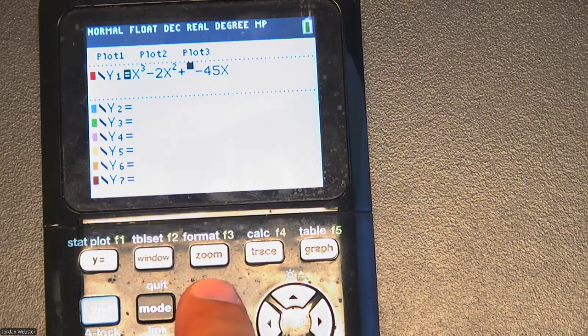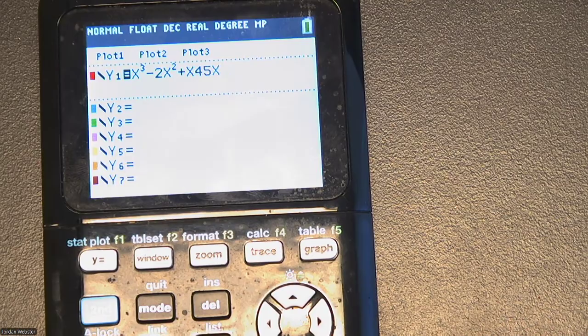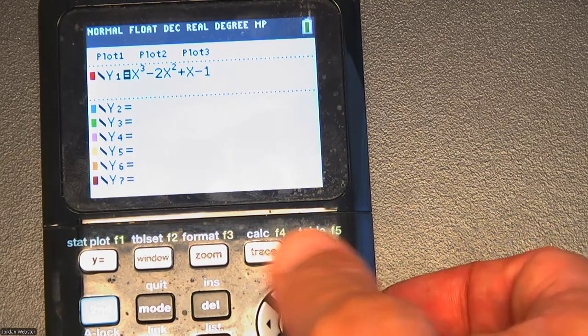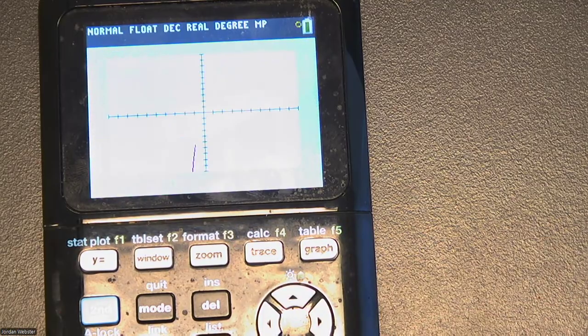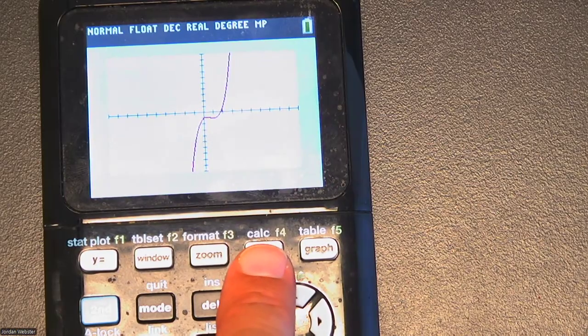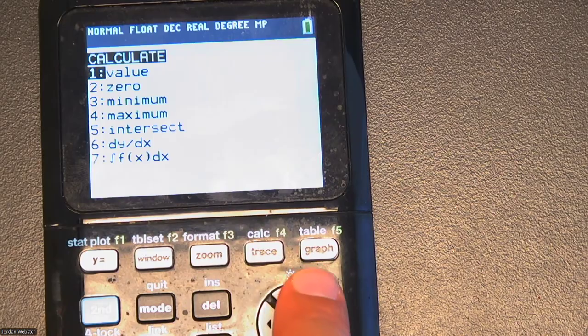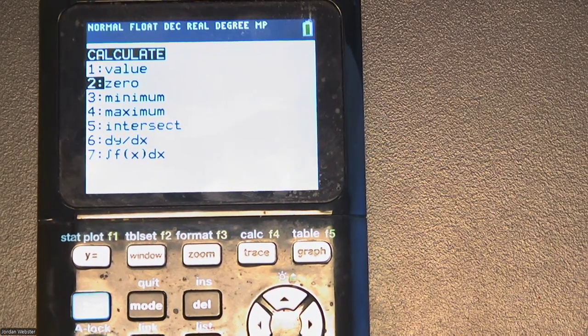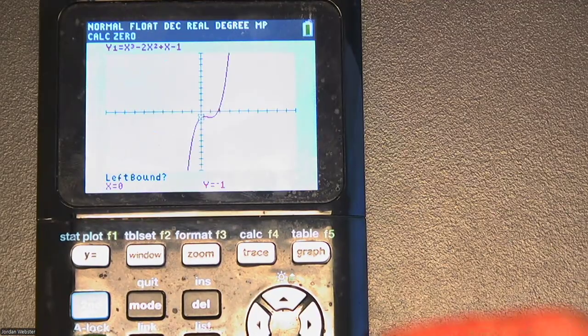The exponent works here. We could graph that. And then we could use our calculate menu to find a 0 for that function. Calculate 0.